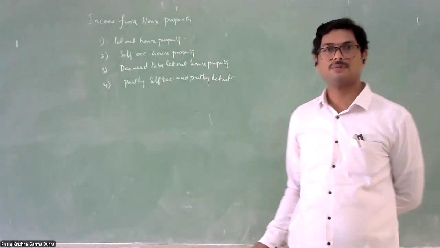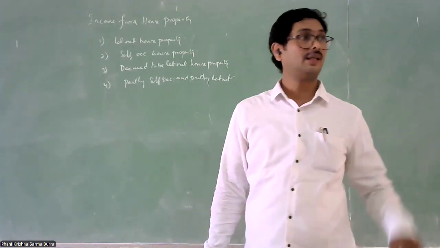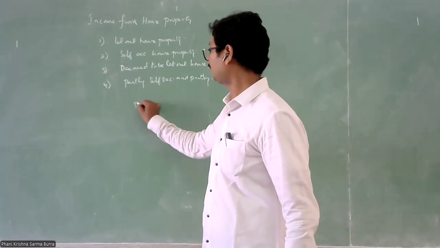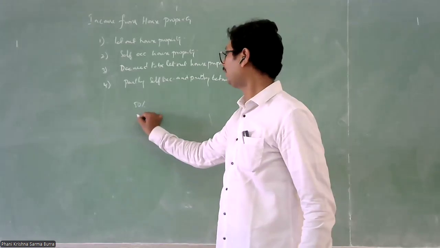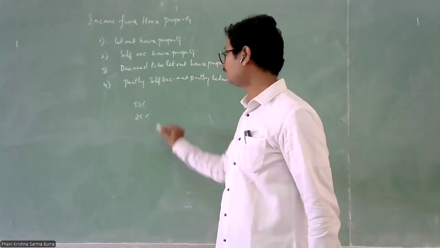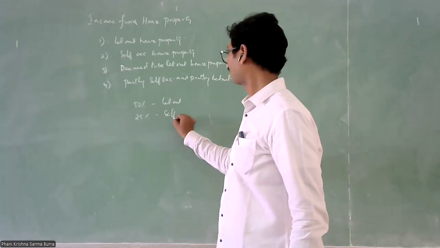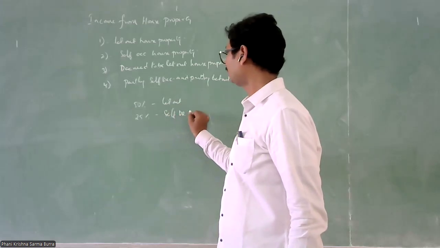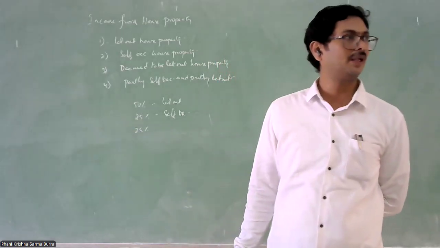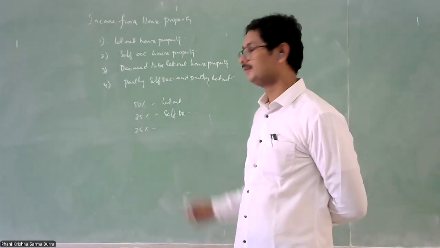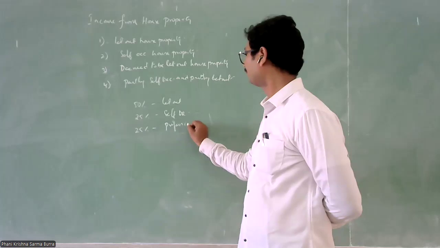In the last problem, we were given that the owner let out 50%, 25% was used as self-occupied, and the remaining 25% of the house property was used for his own profession.